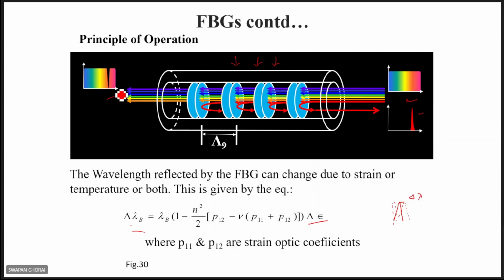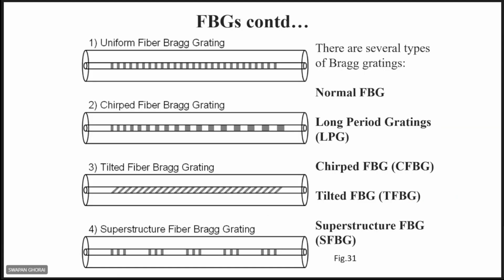Okay, this is the fiber Bragg grating, and it can be of different types. I told you, it can be a normal grating. It can be a chirped grating. Chirped grating means here the grating period is constant, but here the grating period can also vary. That is called chirped grating. Also, it can be a long period grating. This periodicity is quite large.